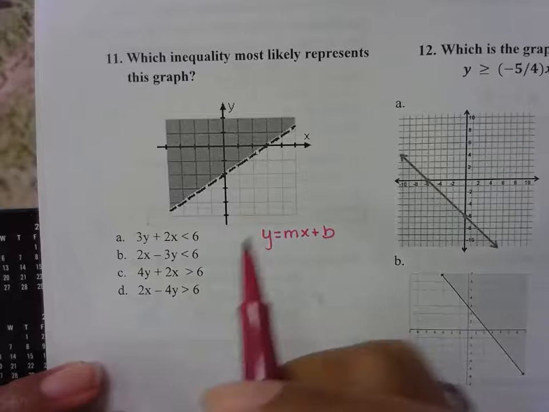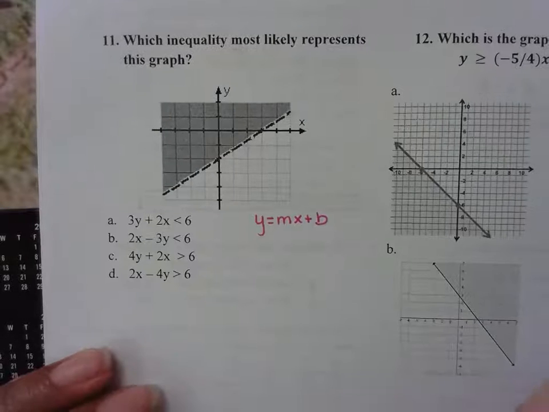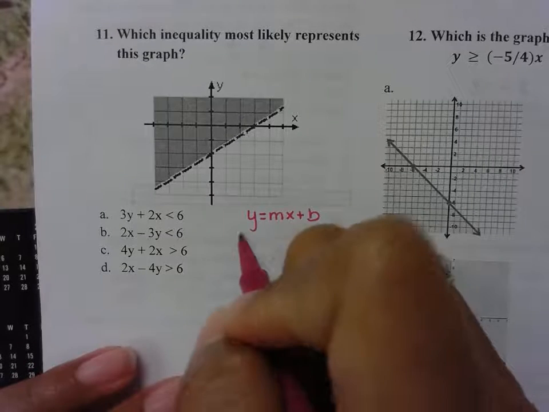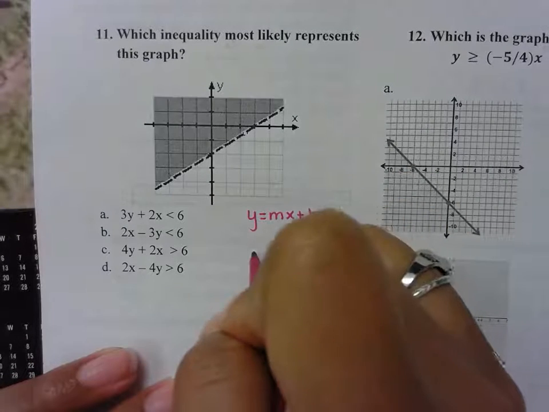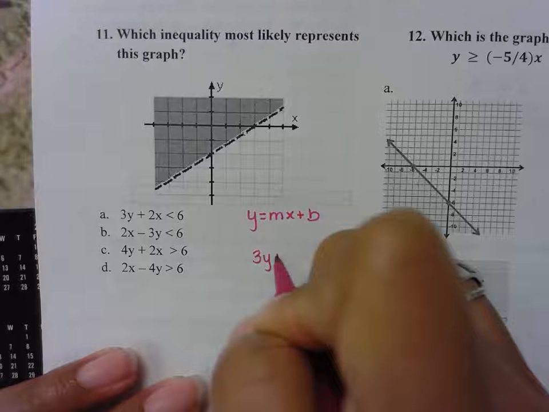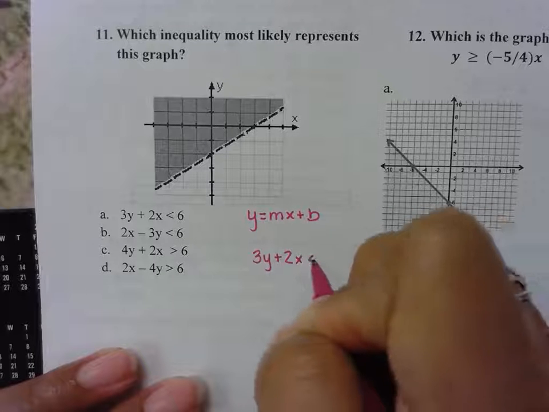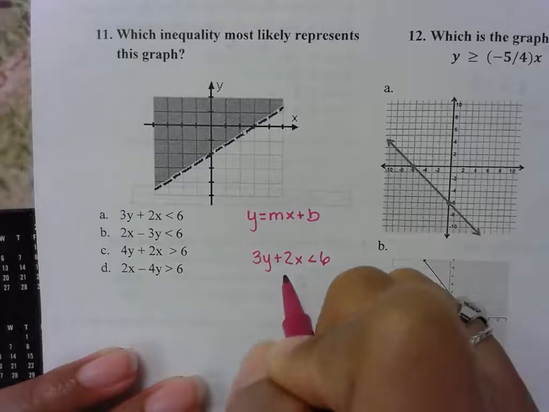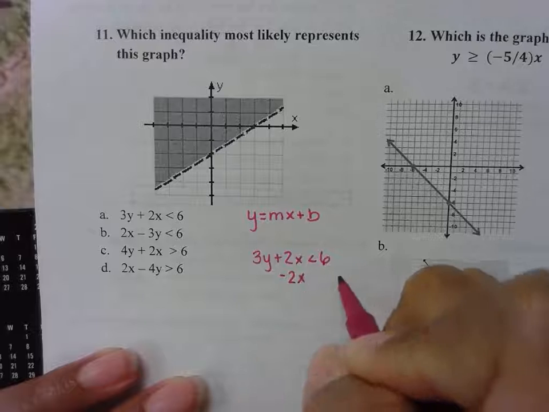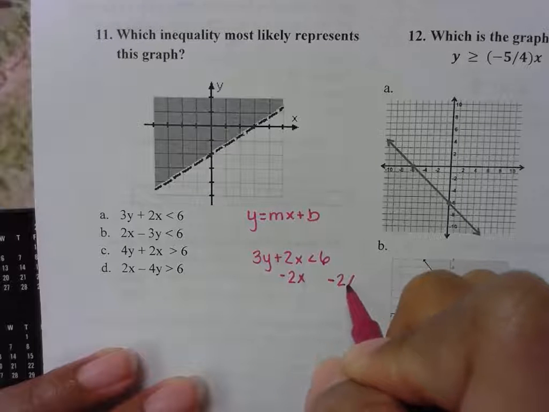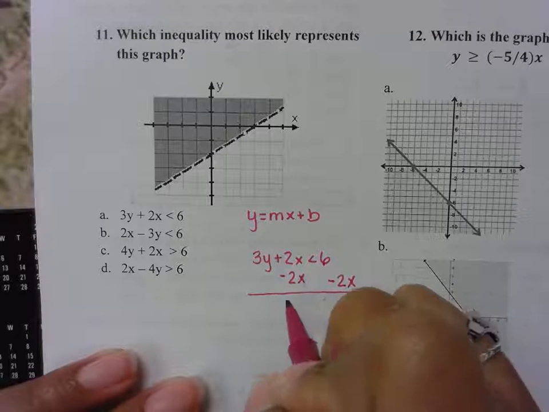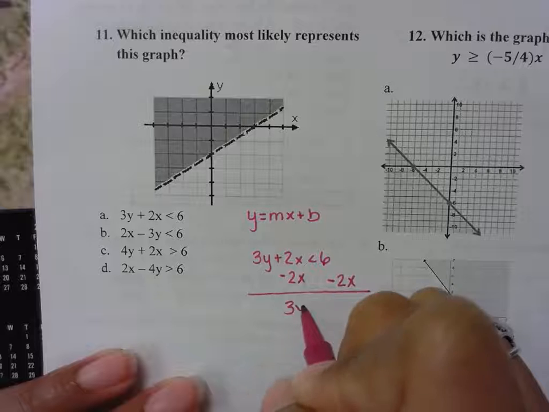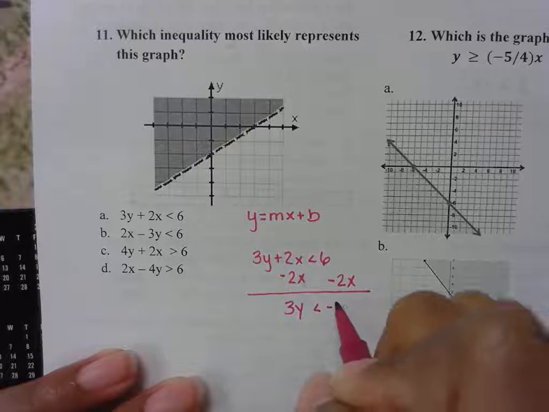So if I start with letter A, I have 3y plus 2x is less than 6. I have to subtract 2x from both sides, leaving me with 3y is less than -2x plus 6.